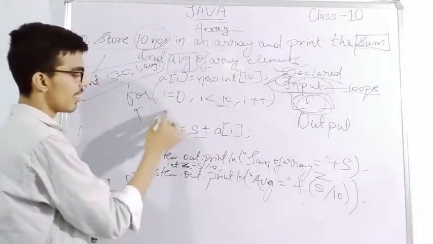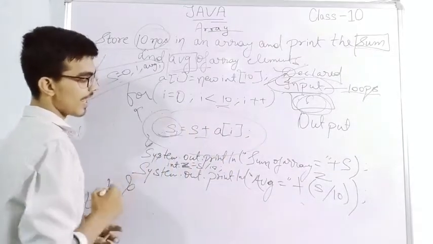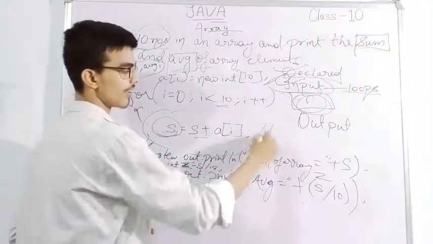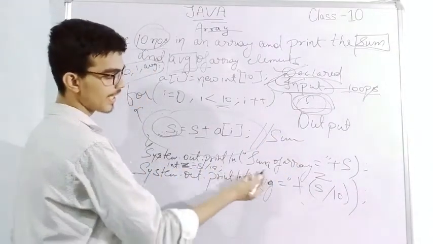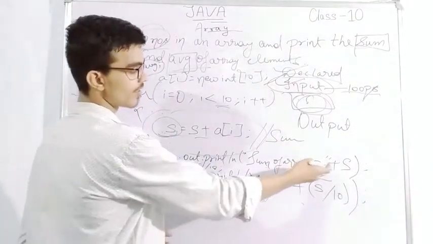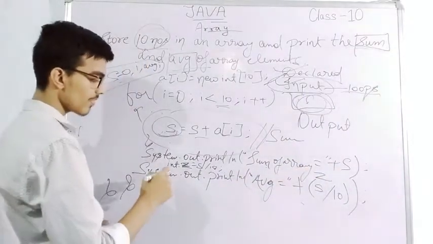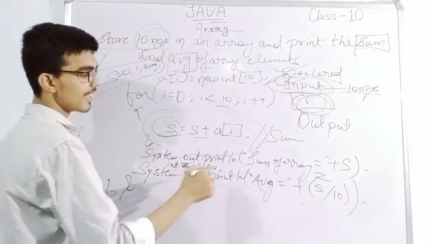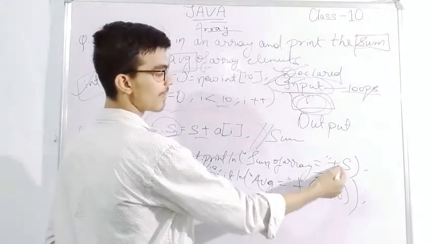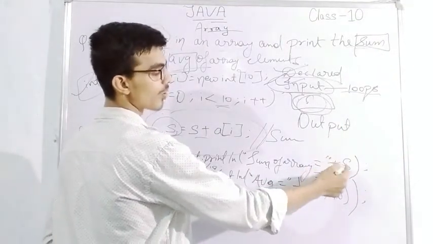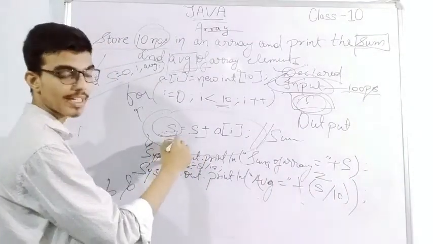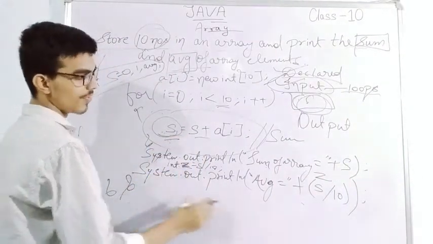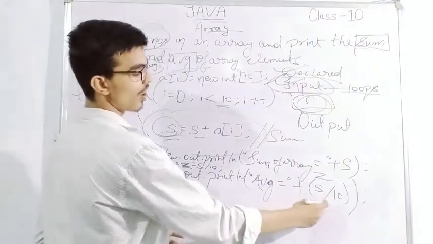Here we have taken out the sum and printed it, which prints the text plus the value of s because it is outside the double quotes, and after this we print the average.